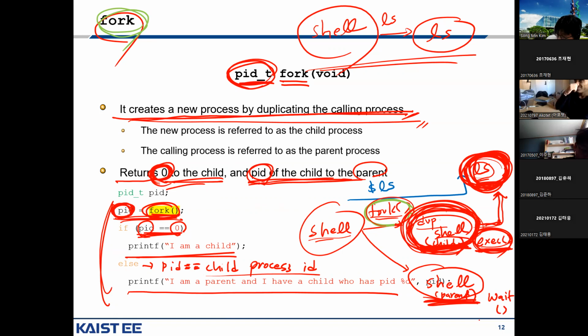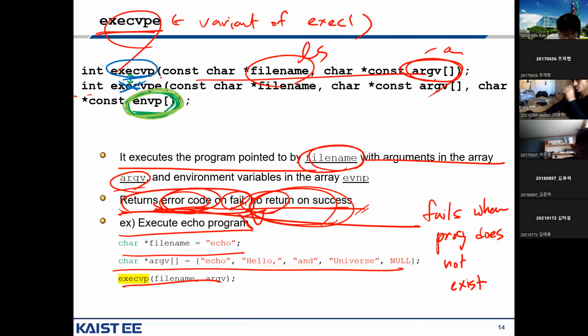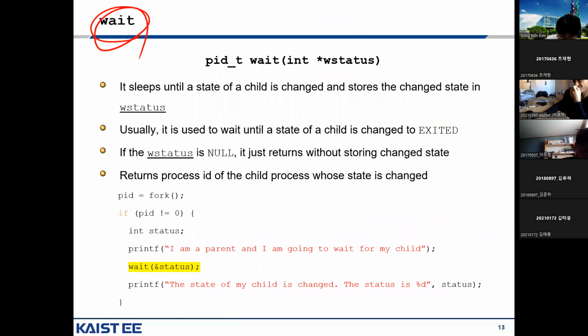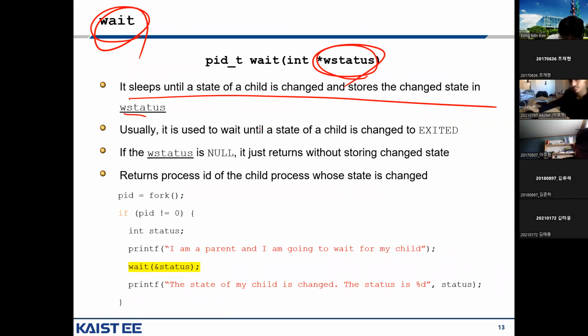Wait until what? Wait until your child terminates. And this is the wait function. So it sleeps until the state of the child is changed and stores the change in the wait status. Usually, it is used to wait until the state of the child is changed to exited, meaning terminated.